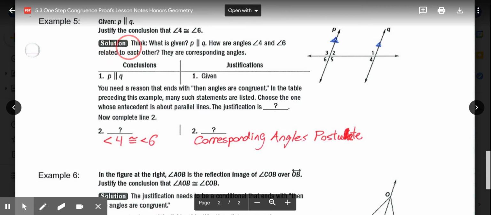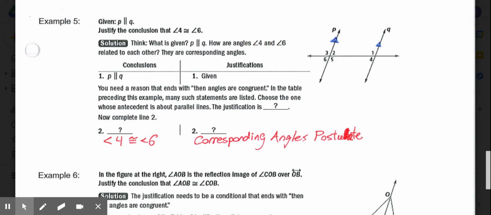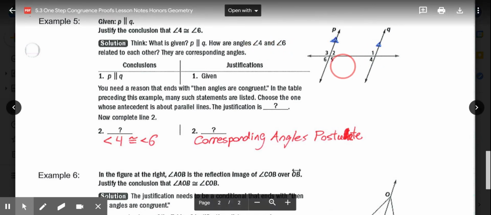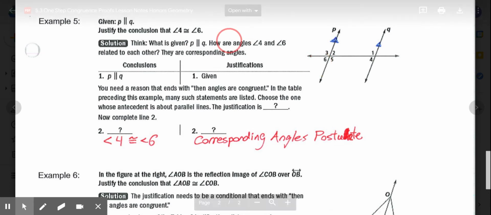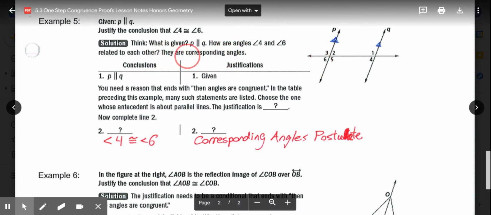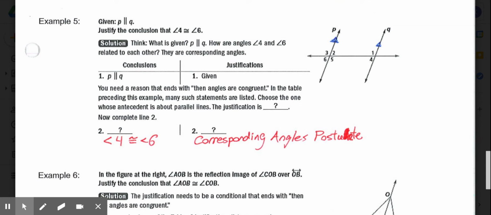So for the solution idea, you want to think about what's given, and then how angles 4 and 6 are related. Well, 4 is in the bottom left, 6 is in the bottom left, so I know 4 and 6 are corresponding angles. So that might give you a good hint to your justification.